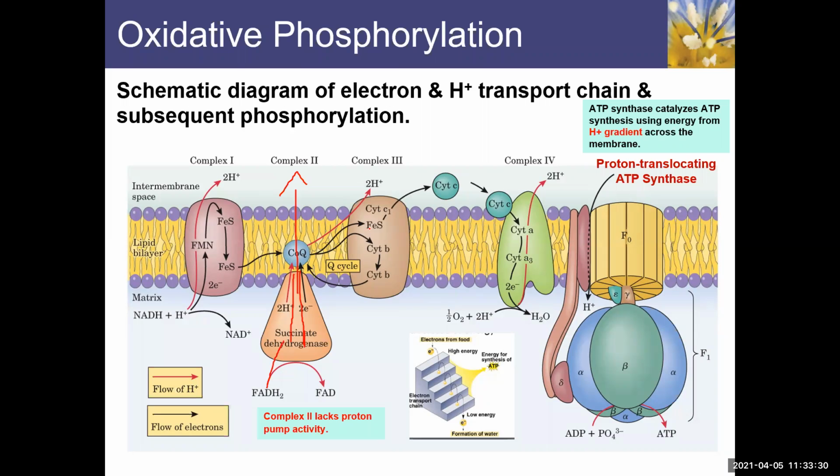Now after that we reach complex 3, right? What's going to happen in complex 3? Again, the same acceptors of the electrons. If you remember, I told you that it has plenty of components which can accept the electrons, like cytochrome C1 and cytochrome B. So electrons will be accepted by these components in complex 3.